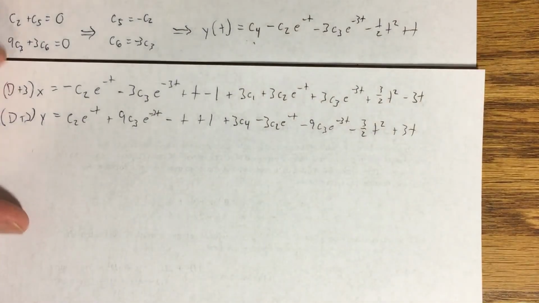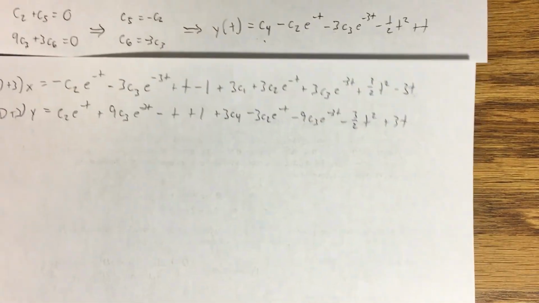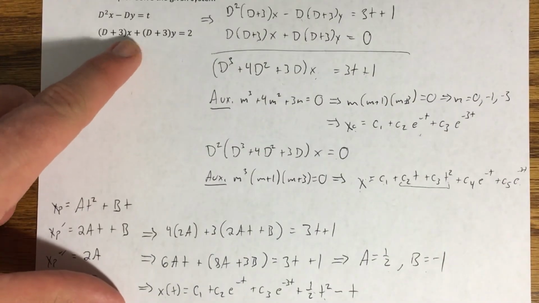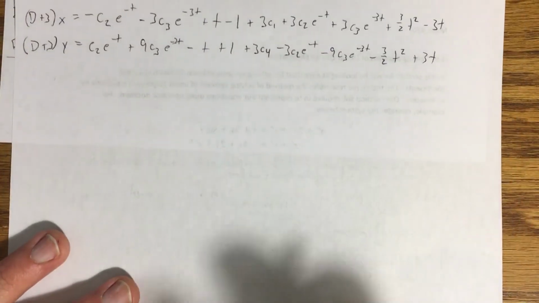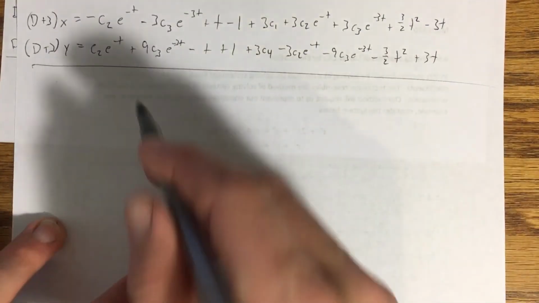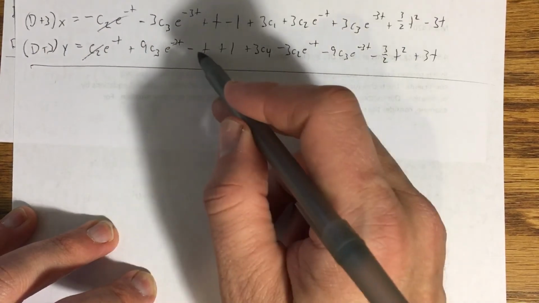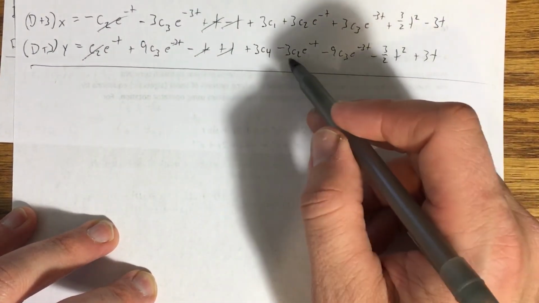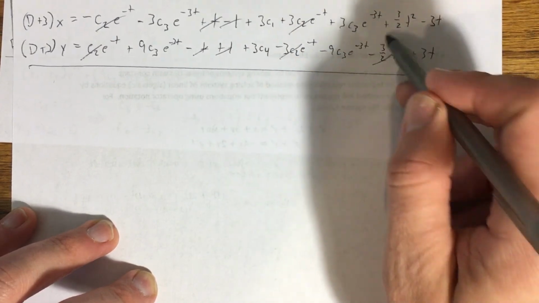Okay, so it looks really, really awful, but almost everything will cancel out when we add them, because up here this says I add those two things and set the result equal to 2. So doing that, look what happens. These cancel. The t's cancel. The 1 and negative 1 cancel. I get cancellation here, here and here.